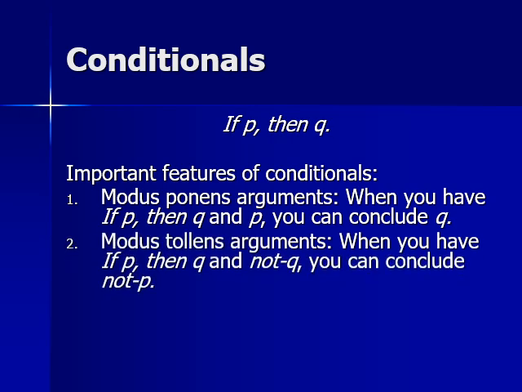Second, conditionals also support modus tollens arguments. When you have if P then Q and not Q, you can conclude not P. Notice that this means that at the same time you've got if P then Q is true, not P is true and not Q is true.